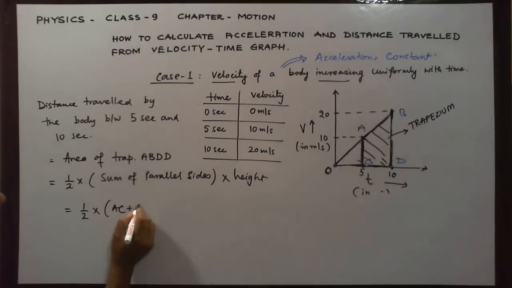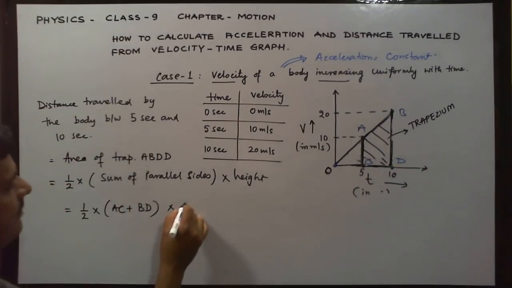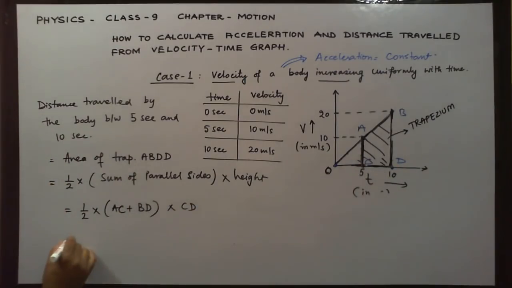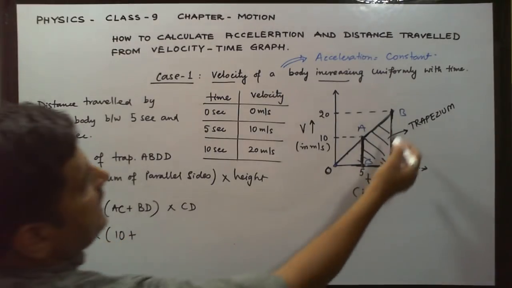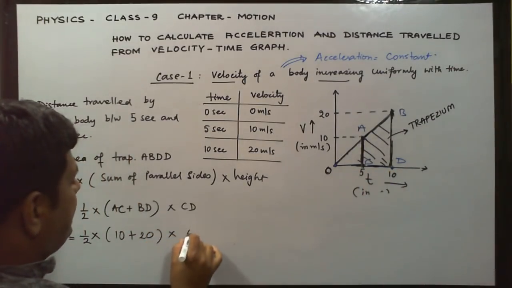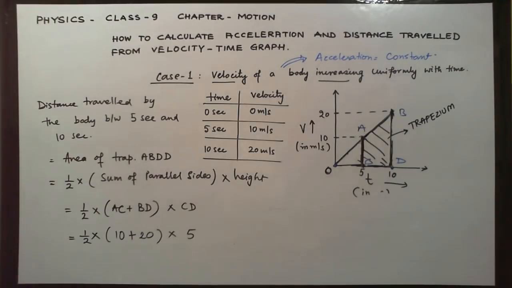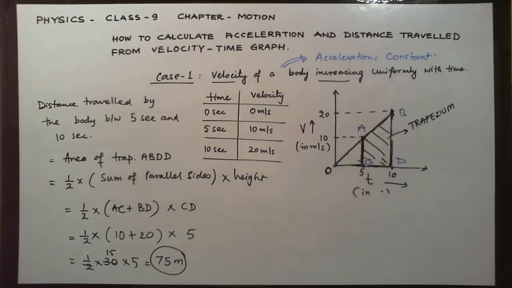So it is AC plus BD multiply height, which is C to D. So this is half into, the length of AC is 10 plus the length of B to D, which is 20, multiply C to D, which is 10 minus 5, so it is 5. So this is half into 30 into 5, so we get 75 meter. So this is the way we calculate the distance travelled by the body.